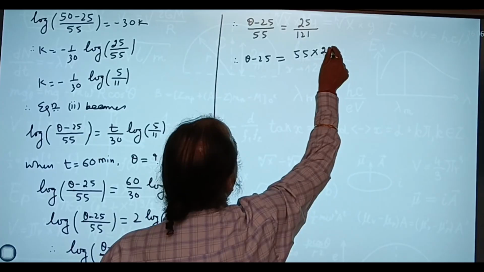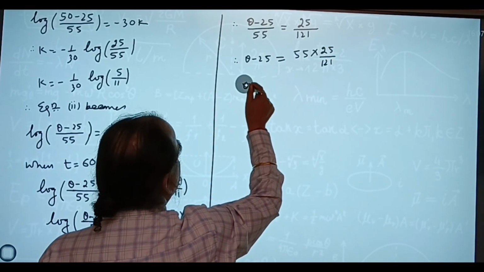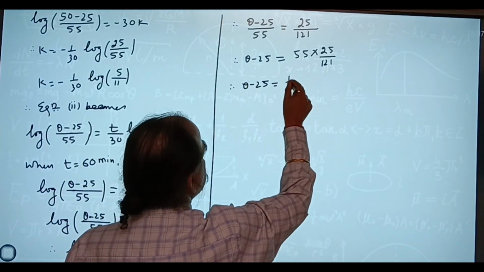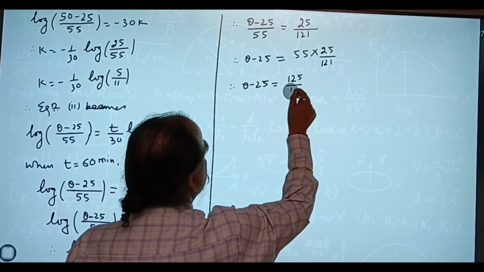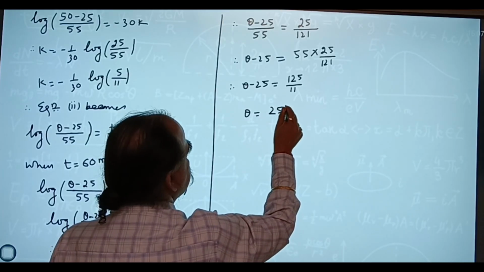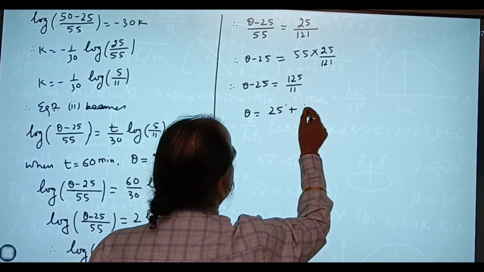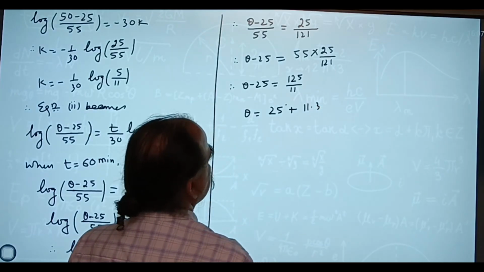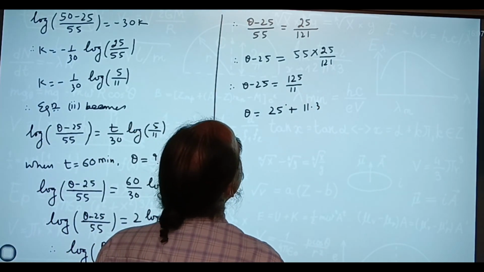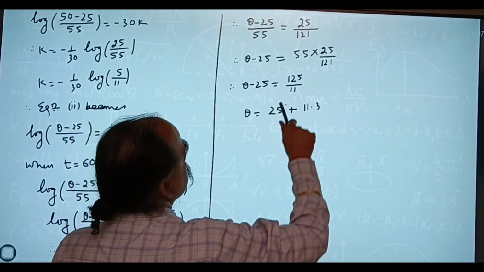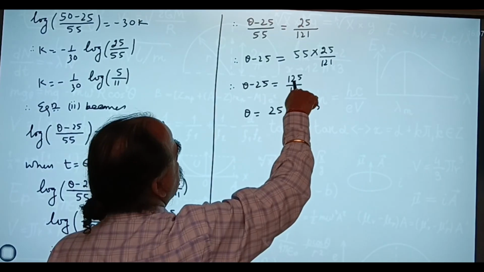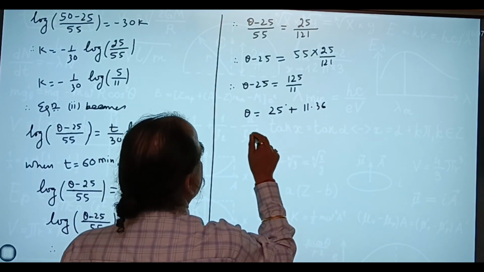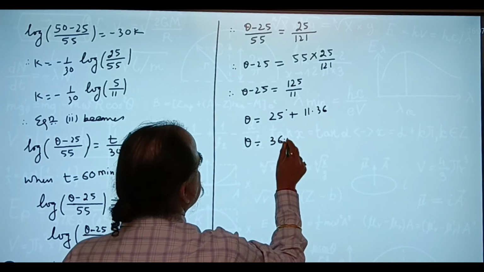Theta minus 25 is 55 into 25 upon 121, which is 25 by 11 times 5, 125 by 11. So theta is 25 degree plus 11.36, so theta is what? 36.36 degree.